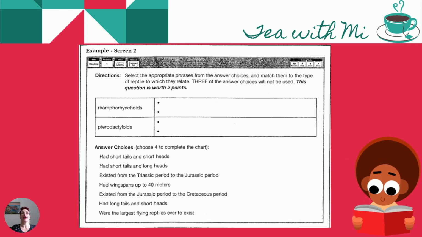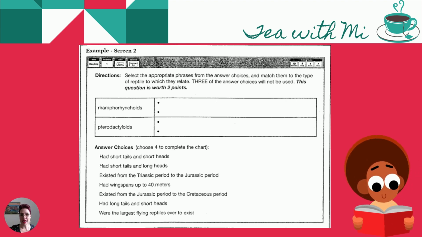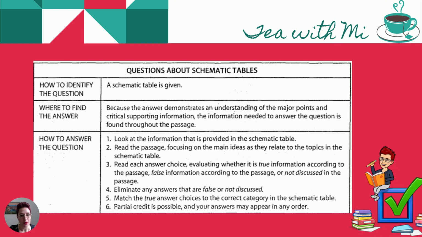What is important to remember, I need to skim and scan the chunk of the text that they have separated for me. I identified those questions because they present the table I'm supposed to complete and the set of sentences below. They are also worth 2-3 points sometimes.